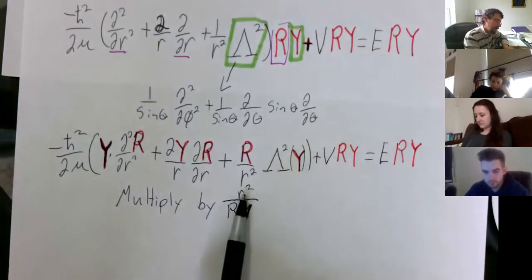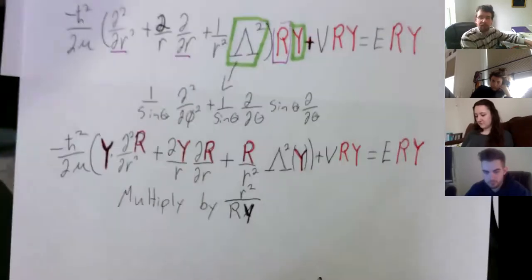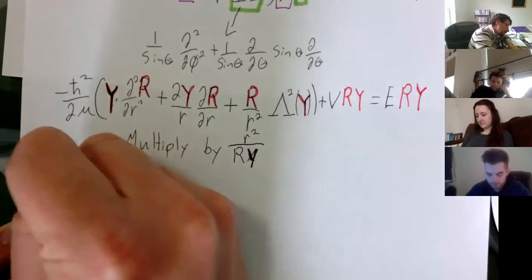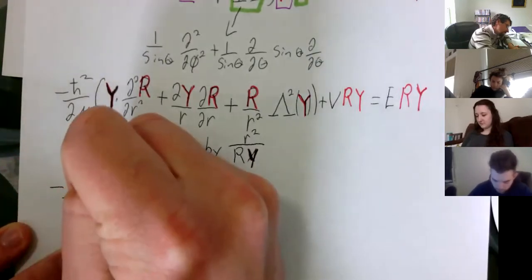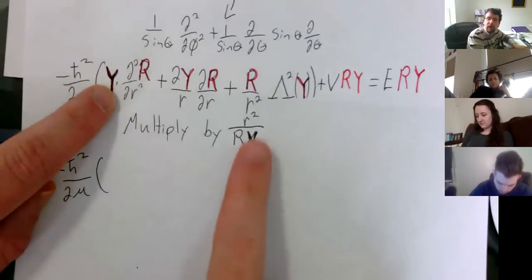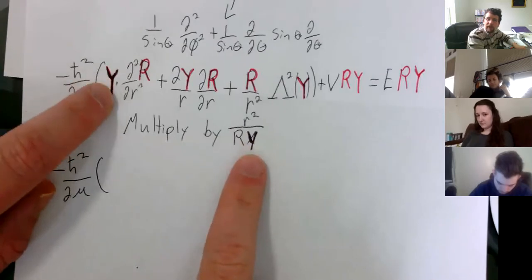So if we multiply by r squared over ry, let's see what we get. We still have that negative h bar squared over 2 mu. If we multiply this first term by r squared divided by ry, what is this going to become?